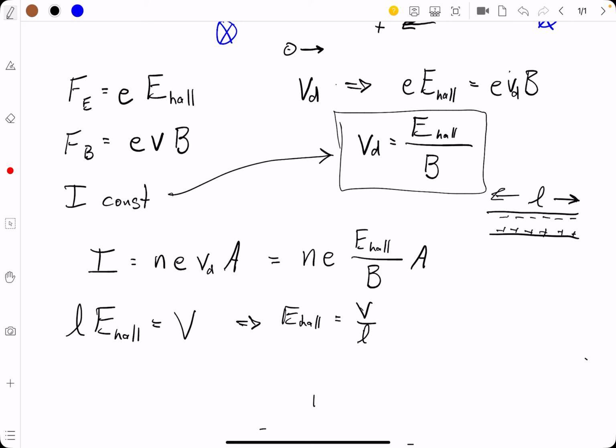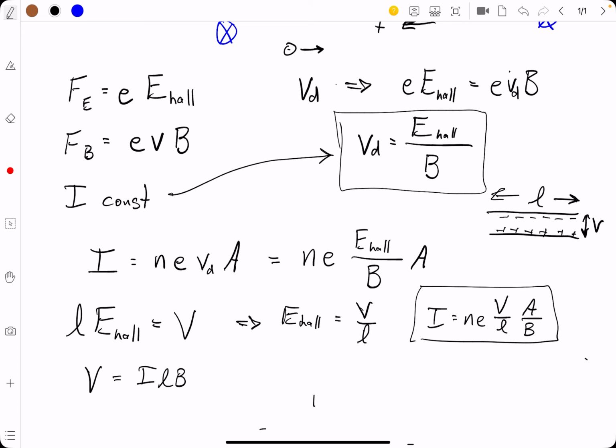Now we can substitute that in. All right. So our current is equal to our N E voltage over L, area over B. And we can solve that for our voltage. What is our voltage from one side to the other? This voltage. What is that voltage? We can do this. So we say, okay, I L B, I'm just doing this equation right here.